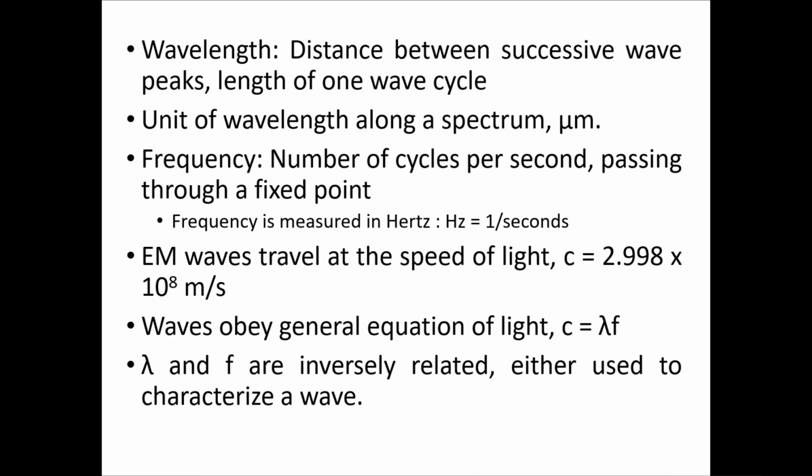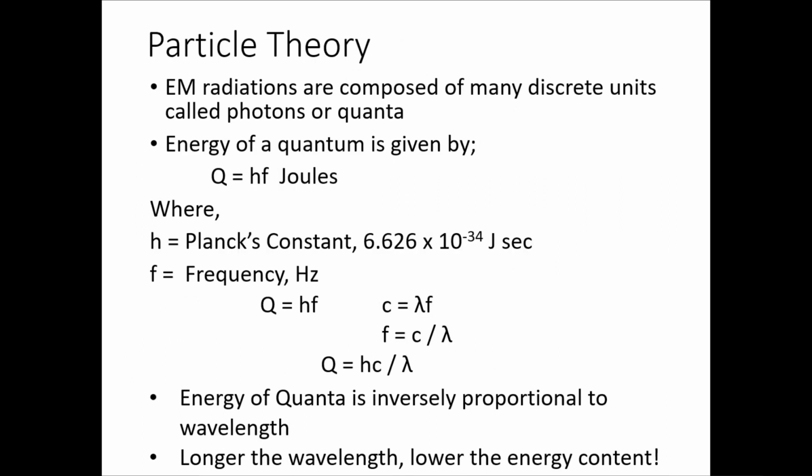Let us next see how to categorize electromagnetic radiation. Before that, let us just discuss particle theory once. It was found that electromagnetic radiation is composed of many discrete units called photons or quanta.